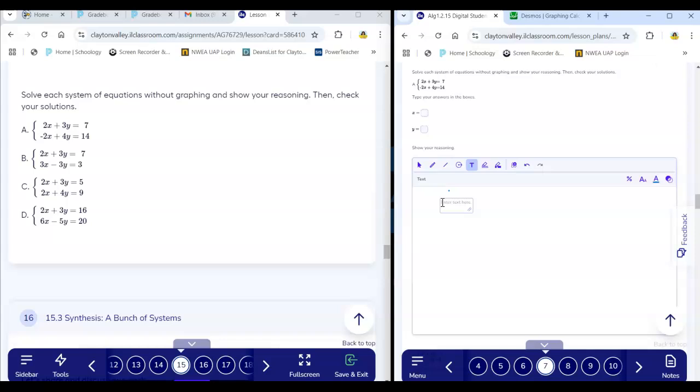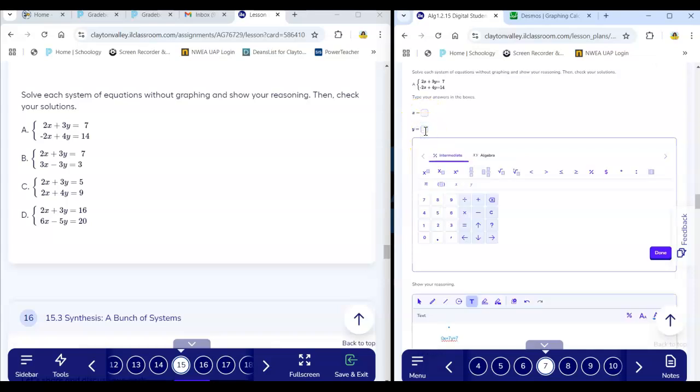I've got 2x minus 2x, that gives me 0x. And then 3y plus 4y is 7y, and that equals 7. Well, this is pretty easy. All I have to do is divide both sides by 7. So 7 divided by 7 is 1. So y equals 1.